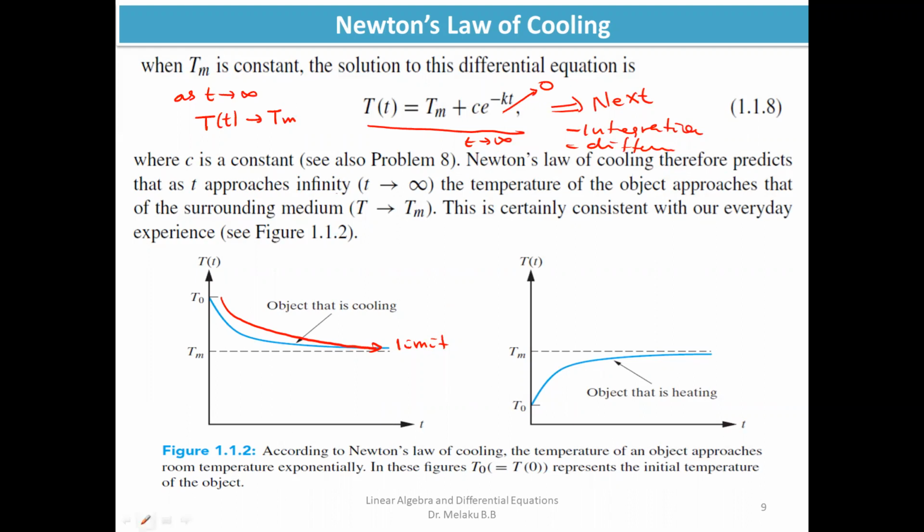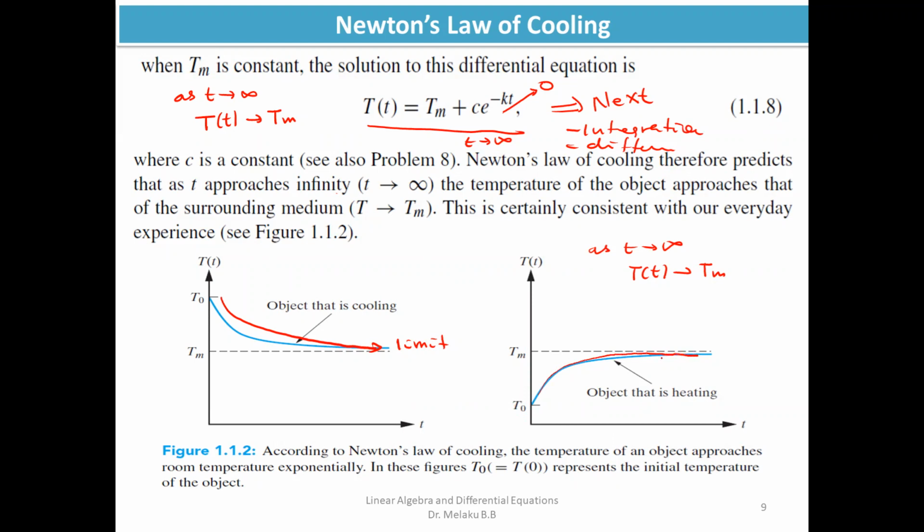Similarly, if you see it the other way, where we have a colder object than the medium, then as t goes to infinity, again T of t will move towards Tm. Because this object is colder than the medium, it should gain temperature, so it is going up, increasing.